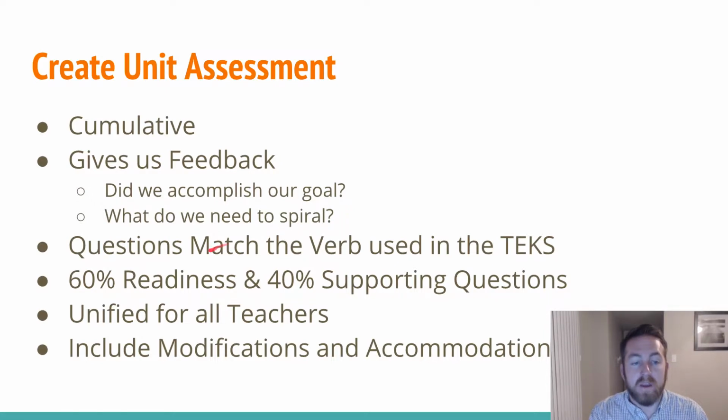Now, the questions that are going to be on these assessments, we have to match the verbs used in the TEKs, make sure those questions are being answered on the test. So for instance, say we have 6.2c, and it is locate, order, and compare integers and rational numbers on a number line. Well, our verb there is locate, order, and compare integers and rational numbers.